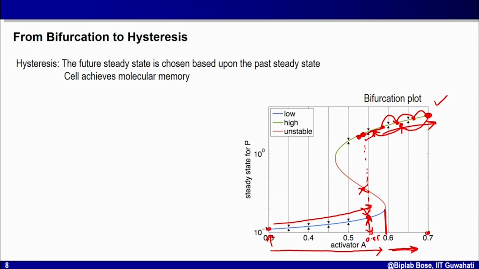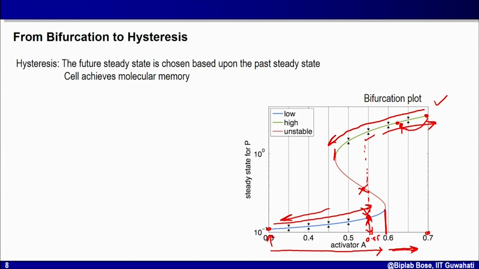So what will happen? When I am decreasing the value of the activator A from a higher value, it will follow the green line up to this point, and then it will have no option, so it will follow this path, the lower blue line.